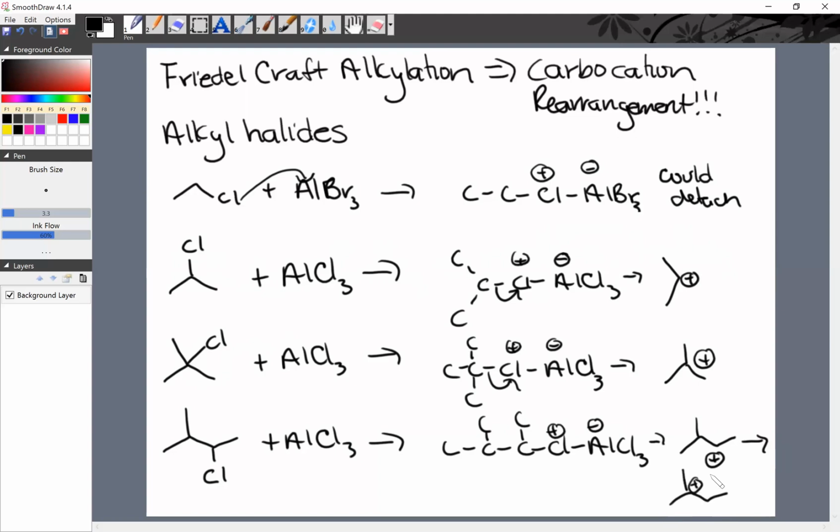So if you want that to happen, absolutely, it's no big deal. But if that's not the molecule that you actually wanted to put onto your benzene, just choose one that can't rearrange. So those rules are still in effect. Look out for rearrangements every time you have a carbocation. All right, so that's your alkyl halides.